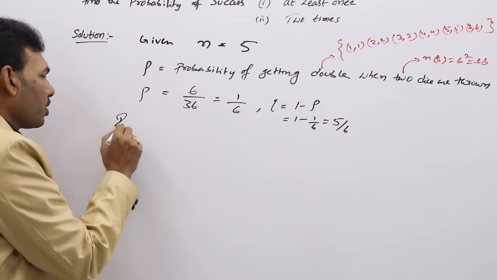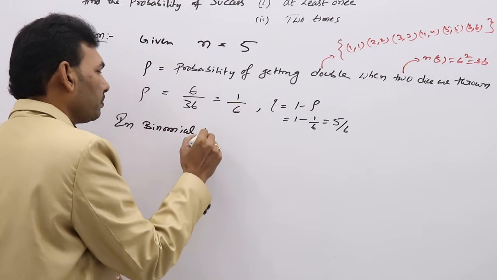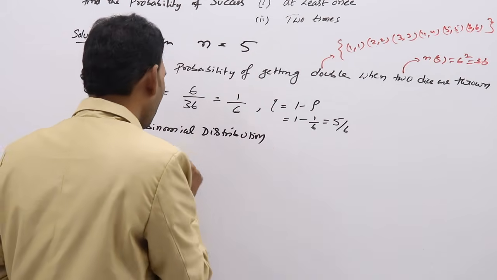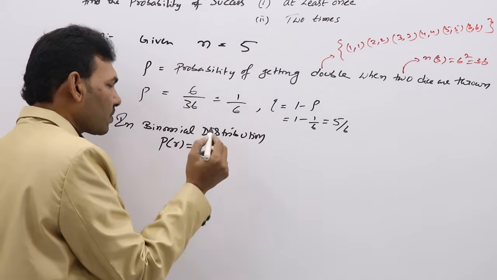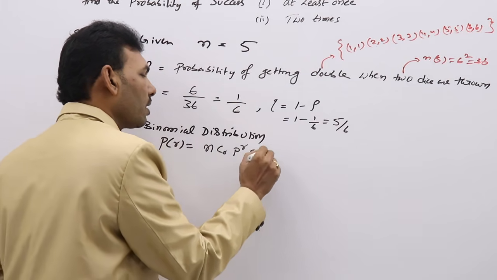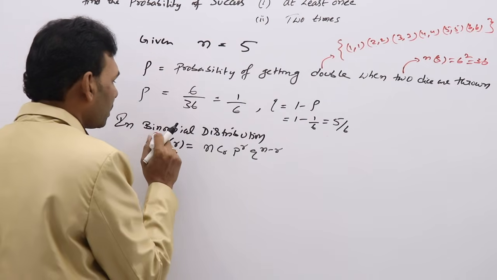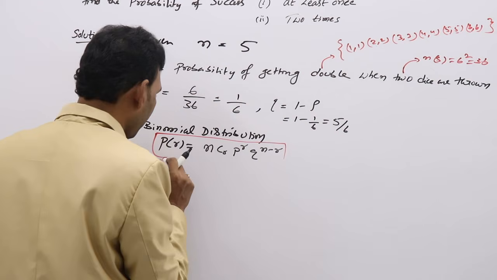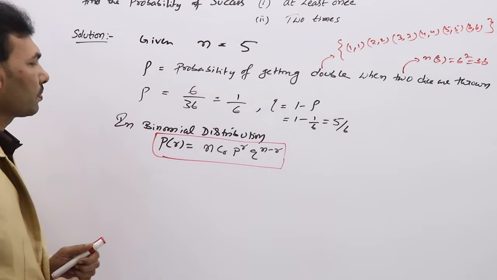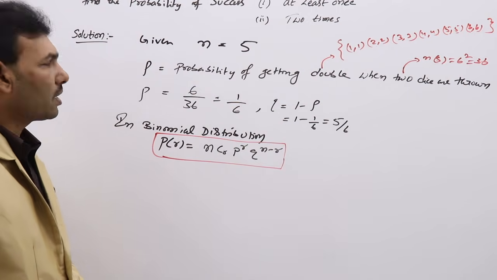Now in the binomial distribution, we all know the probability of r successes formula is nCr p to the power r, q to the power n minus r.